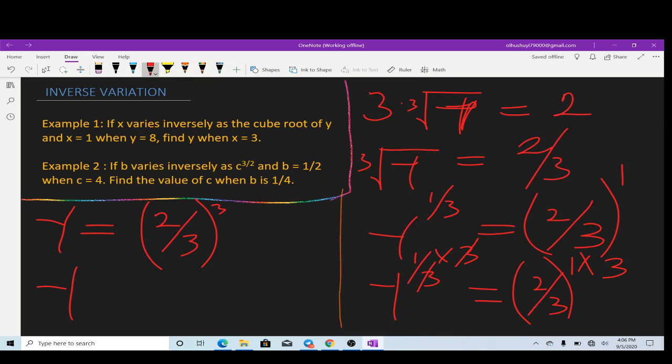And that means y is equal to 2 raised to power 3, that is 8, upon 3 raised to power 3, 27. That is 8 upon 27.